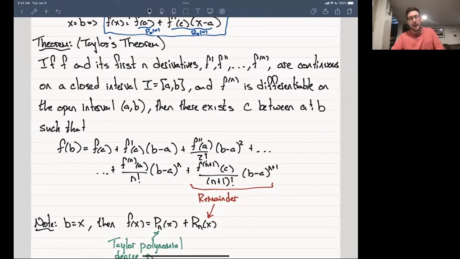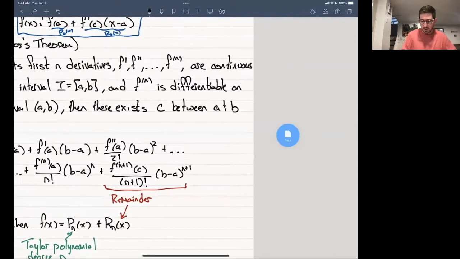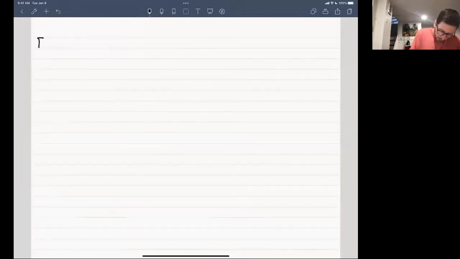Okay, so let's do some examples. Let's take a look at how this works. Well, remember, we calculated the Taylor series for e to the x, right? So let's make sure that that thing actually converges for every single x.